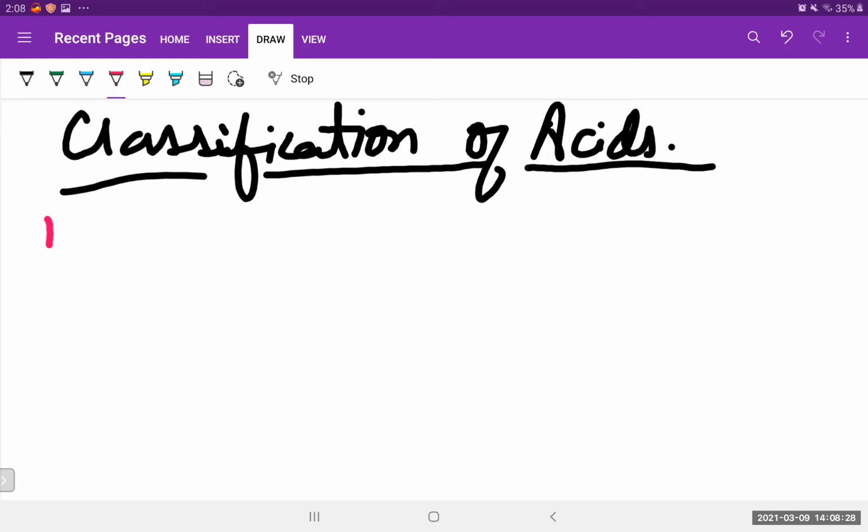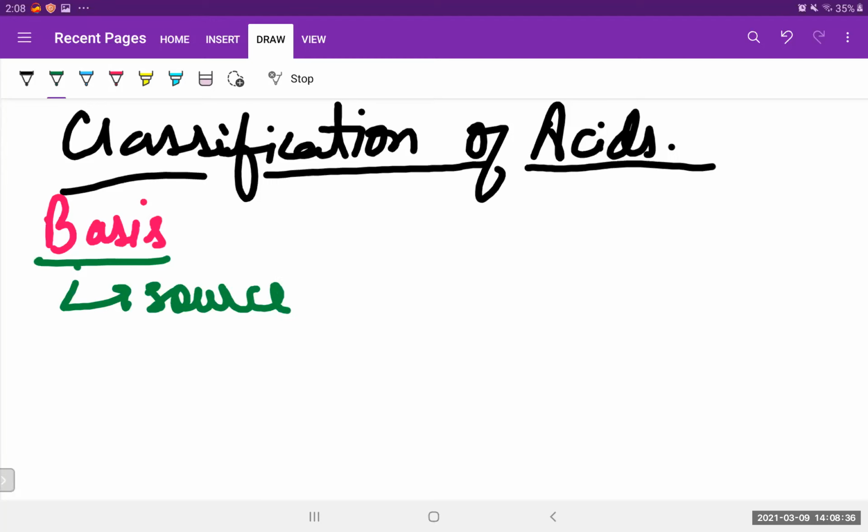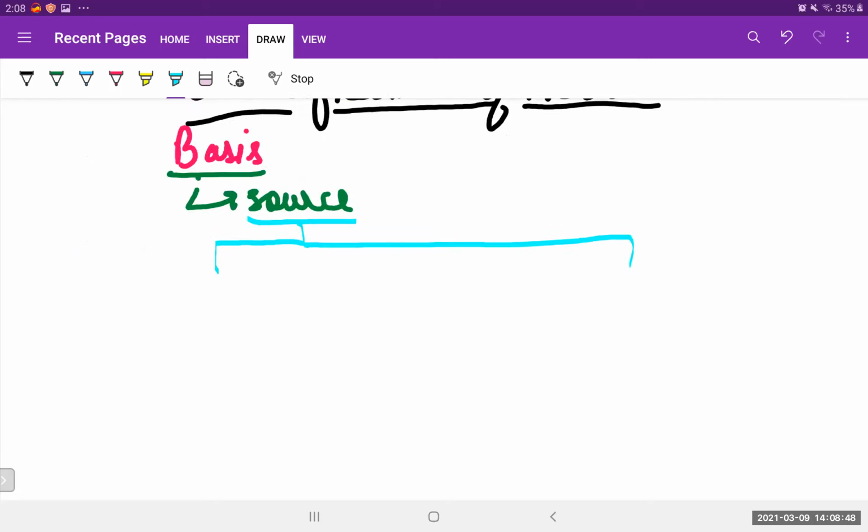First of all, we take the basis as the source. On the basis of source, it can be divided into organic and inorganic, isn't it?